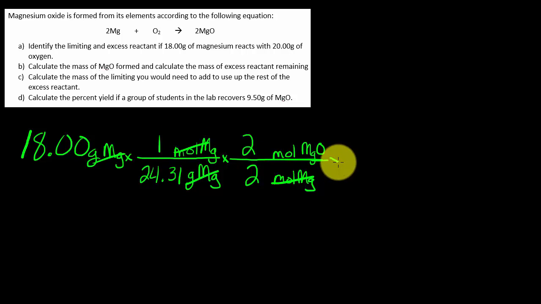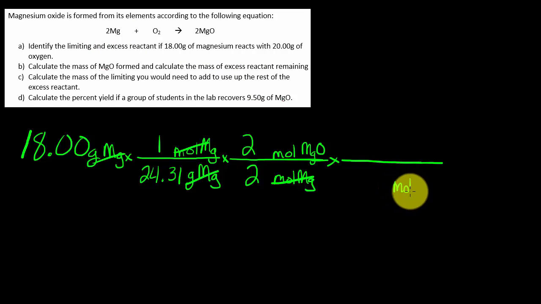Now finally, last step, we need grams of magnesium oxide, because you could stop at moles in both of these scenarios and see which one you have more or less of, but because part B up here asks us to calculate the mass of magnesium oxide formed, we'll go ahead and convert to grams of magnesium oxide, because it's going to answer part B for us.